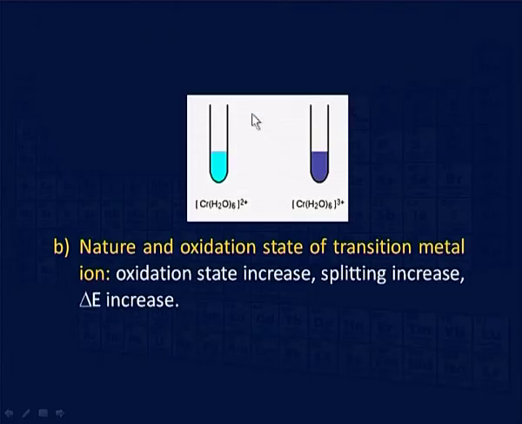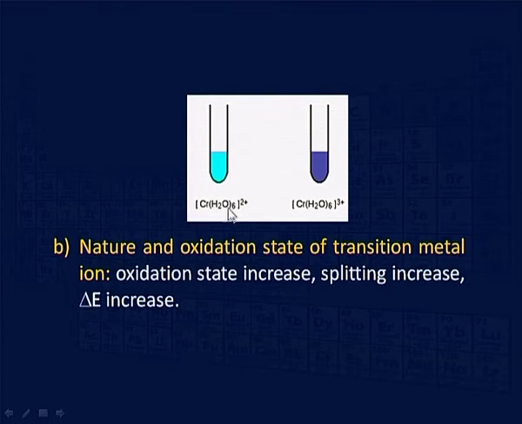Let us take another example in which, instead of changing the ligand, we change the oxidation state of the metal ion. In the first example, we have a chromium complex having 2+ oxidation state, while in the second example, we have chromium in 3+ oxidation state. Both are aqua complexes having the same ligand, that is the water molecule.